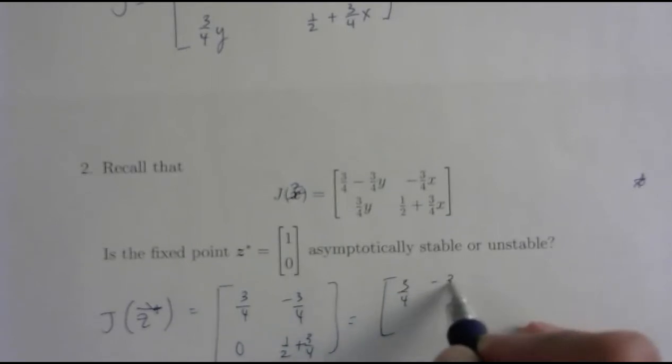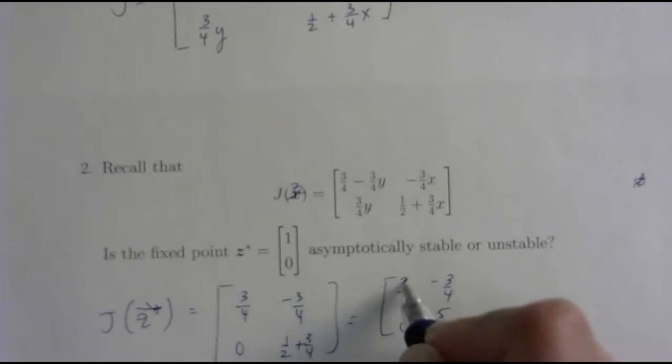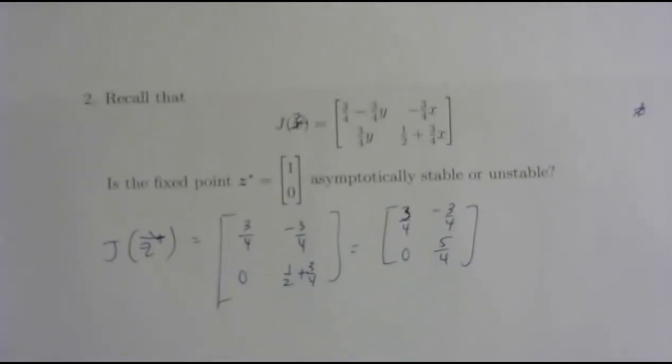So that's 3/4, minus 3/4, 0, and 5/4. Okay, what are the eigenvalues of this guy?